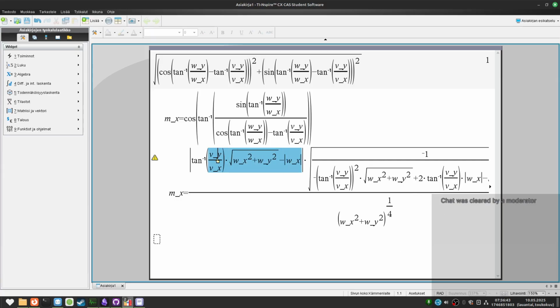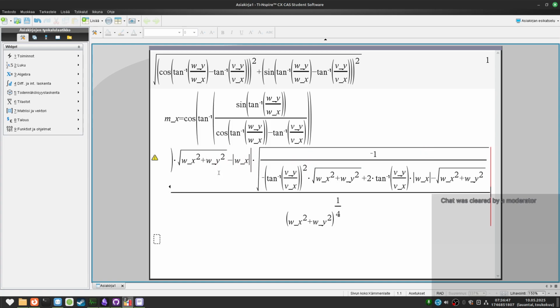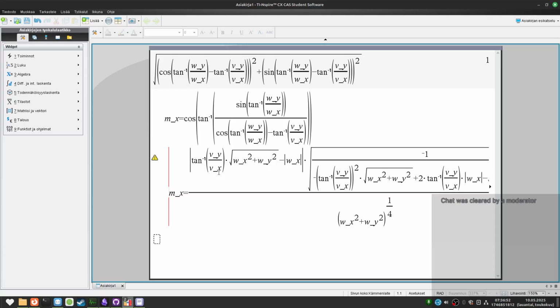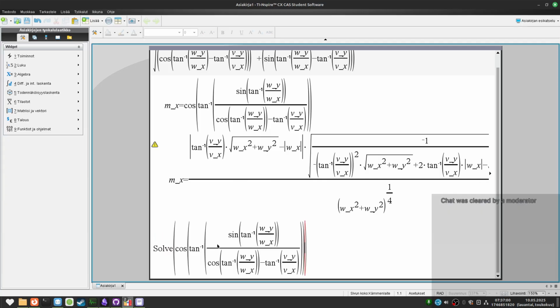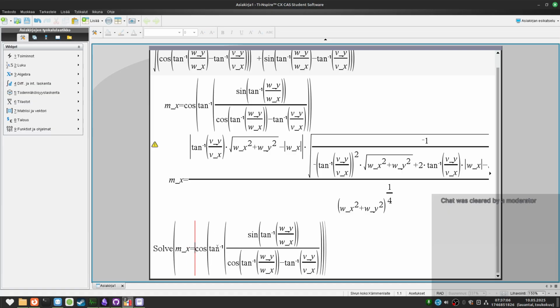This doesn't simplify. It kind of just expanded it to something very strange. Can I just tell you to solve this and you will do it?